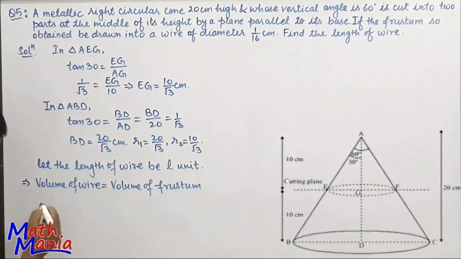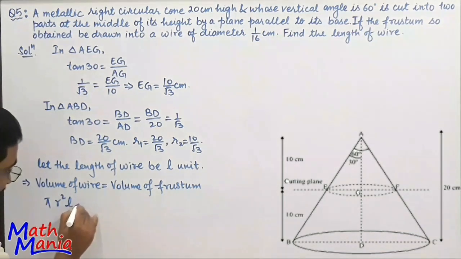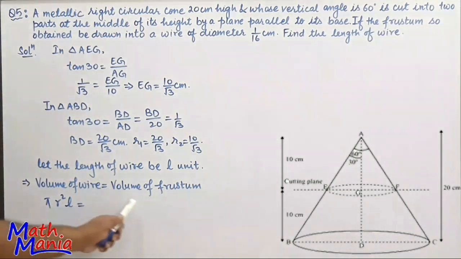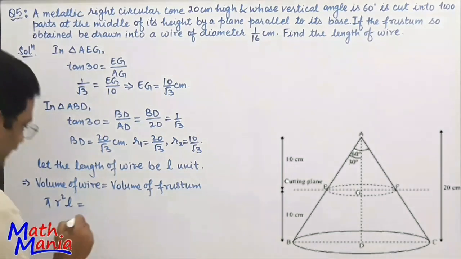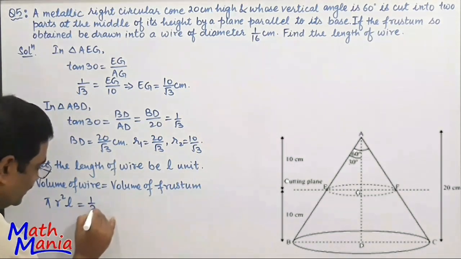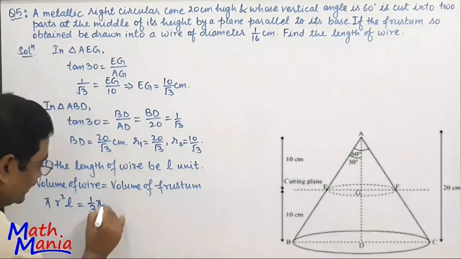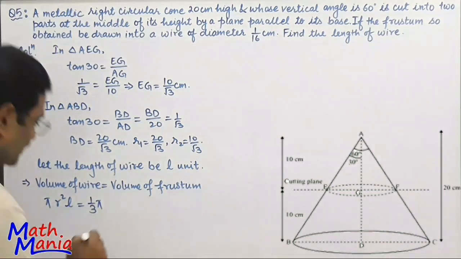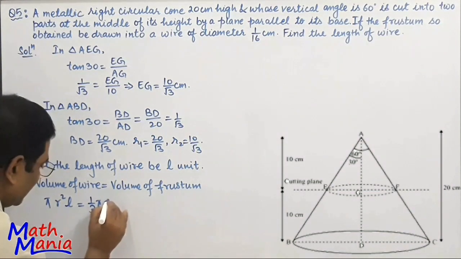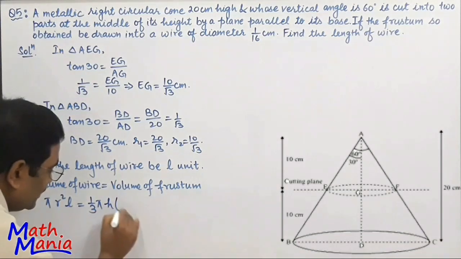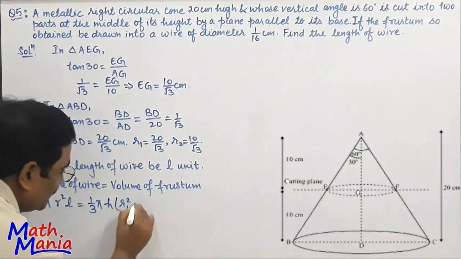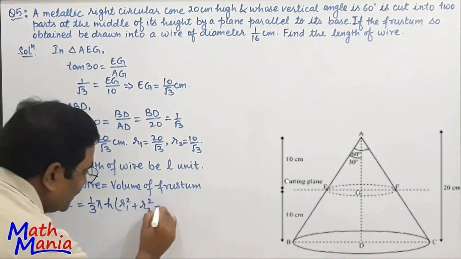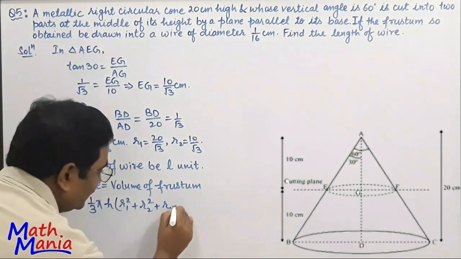So therefore pi r square into L is equal to the volume of frustum of cone, that is 1/3 pi into height of frustum, which is 10 centimeter, multiplied by r1 square plus r2 square plus r1 into r2.